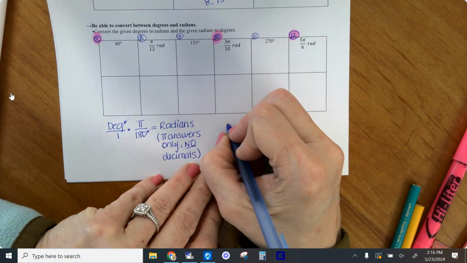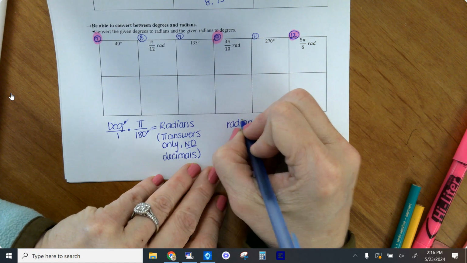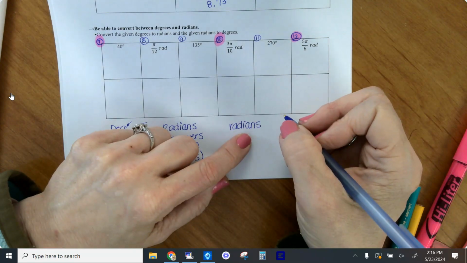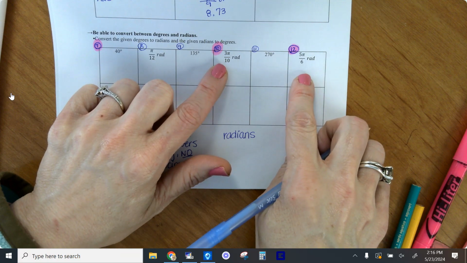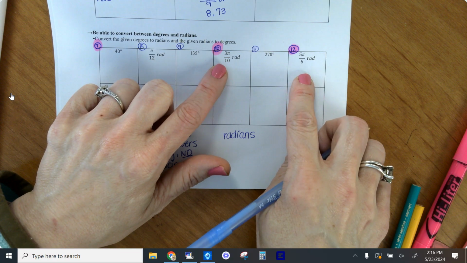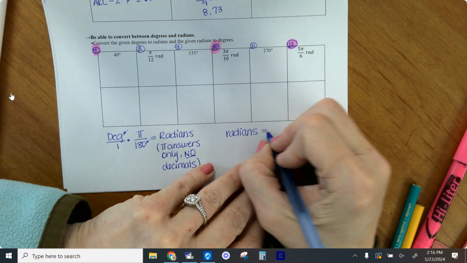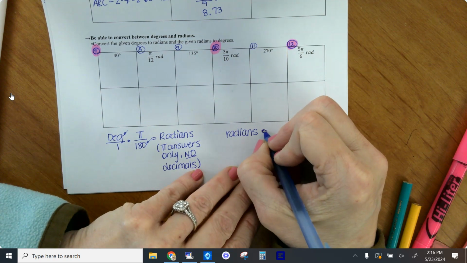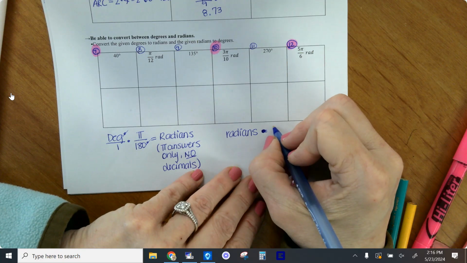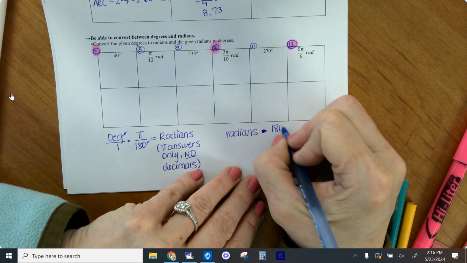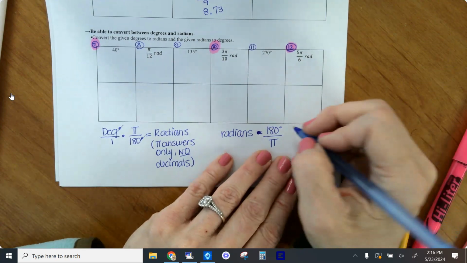Now if you're given radians, I'm not going to put it over a 1 because as you can see in 10 and 12, sometimes your radians is a fraction. And we don't want to put a fraction on top of a 1. So, to go backwards, radians, and then here we're going to have 180 over pi.